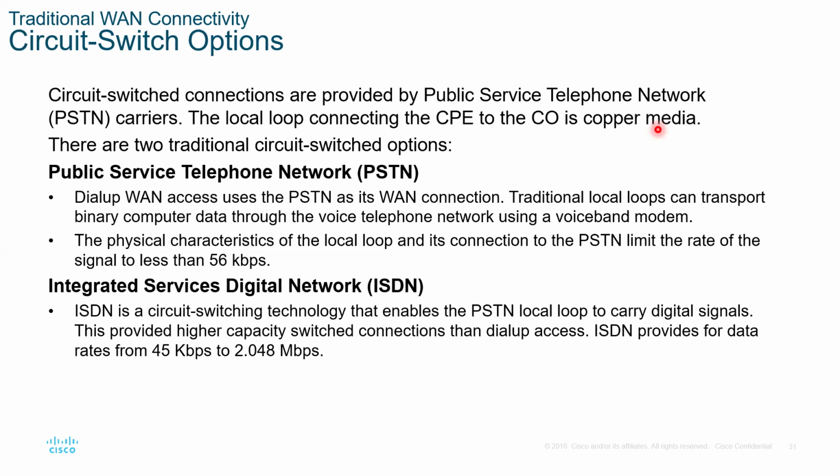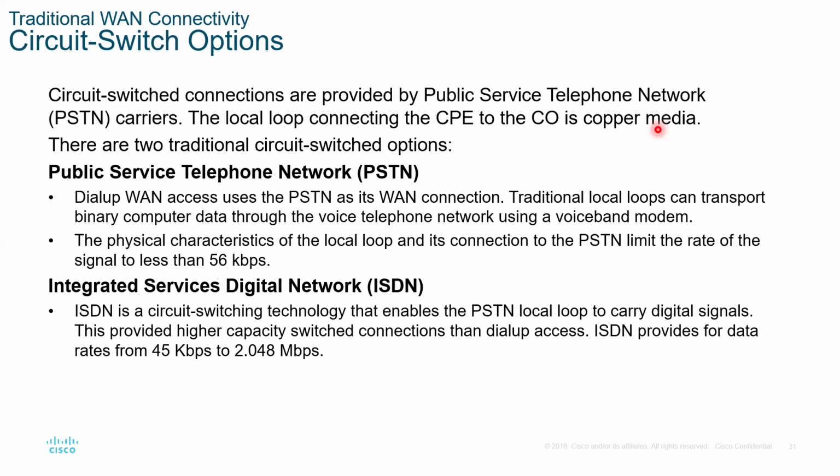ISDN also offers a unified platform. I think we talked of converged networks, which are able to transmit video, voice, and images. ISDN is able to do that. It has a unified platform which is able to transmit over the same link.